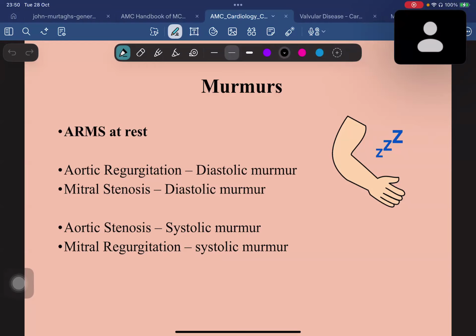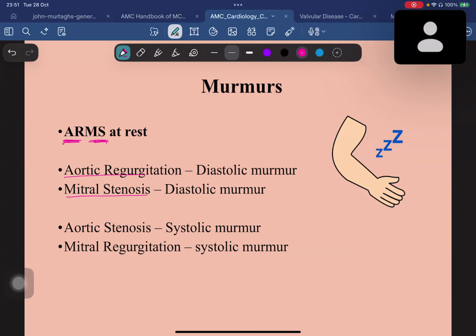So the way I cracked it, the way I remembered it was ARMS at rest. AR would be aortic regurgitation, MS would be mitral stenosis.